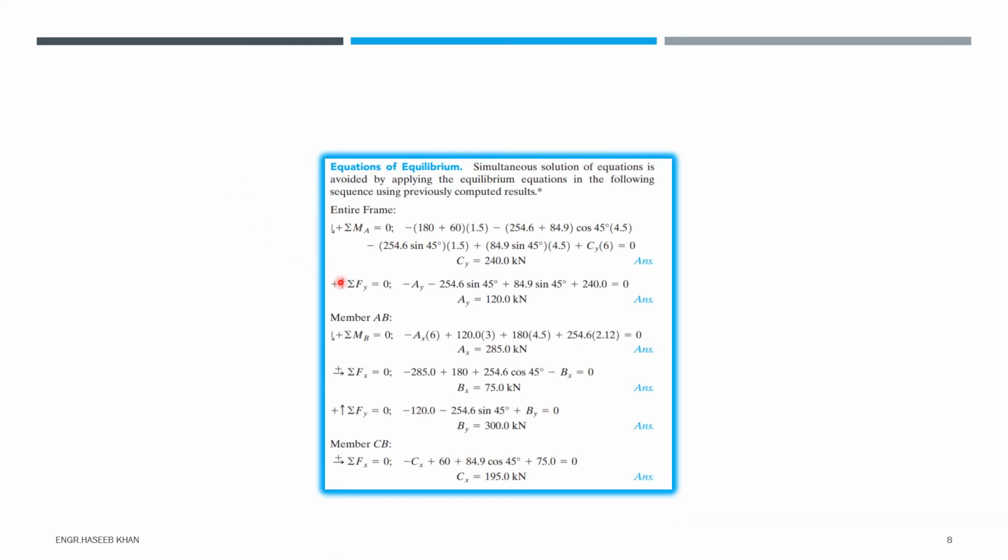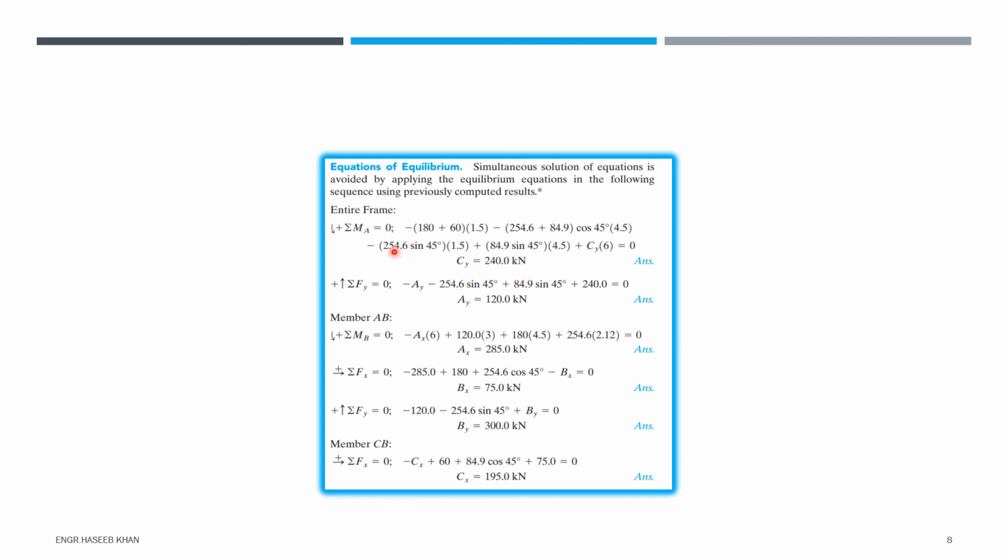So this is our solution for the structure. We have applied the equilibrium equations on both the frames and also on the entire frame. So from the entire frame, when we sum the moment at point A, the only unknown force creating moment is Cy. So we find Cy from the summation of moment at A. Cy is equal to 240 kilonewton.